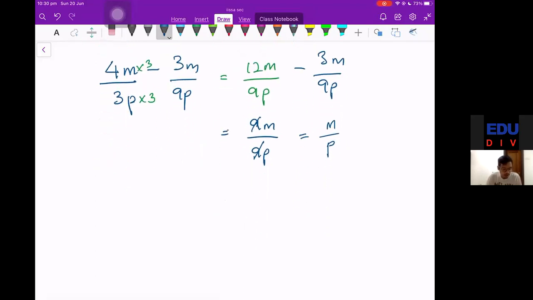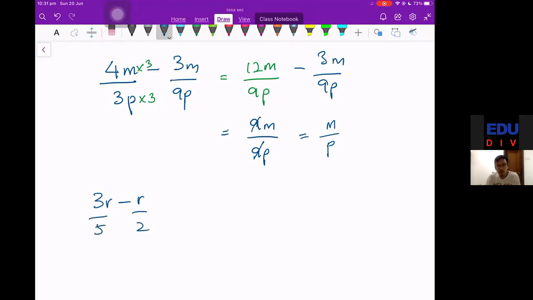Now, what if we have two different denominators? Let's say we have 3r over 5 minus r over 2.